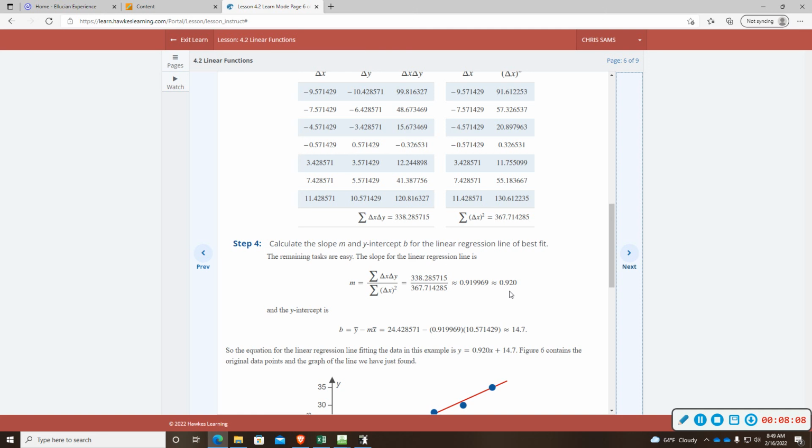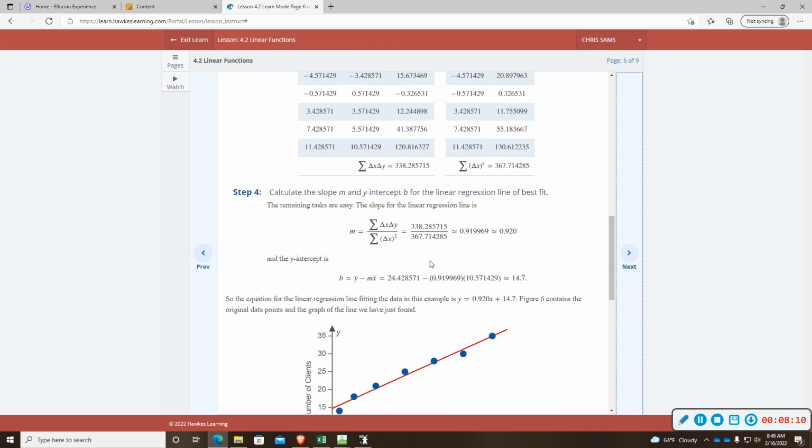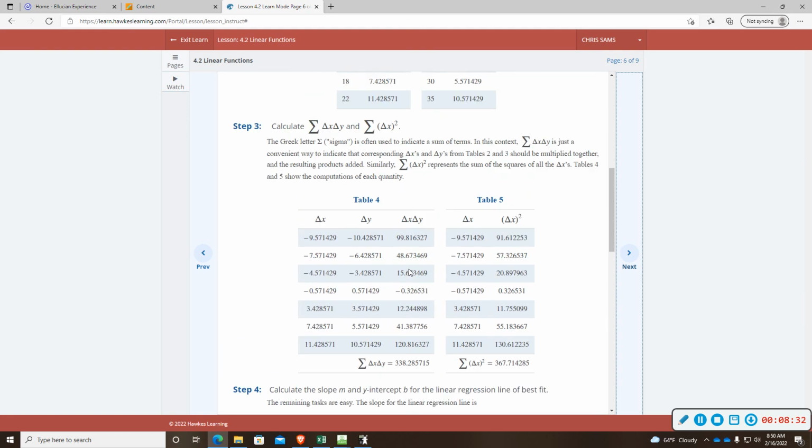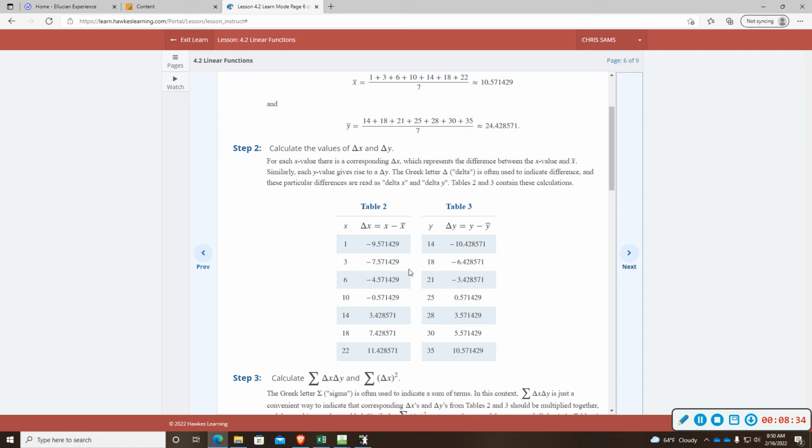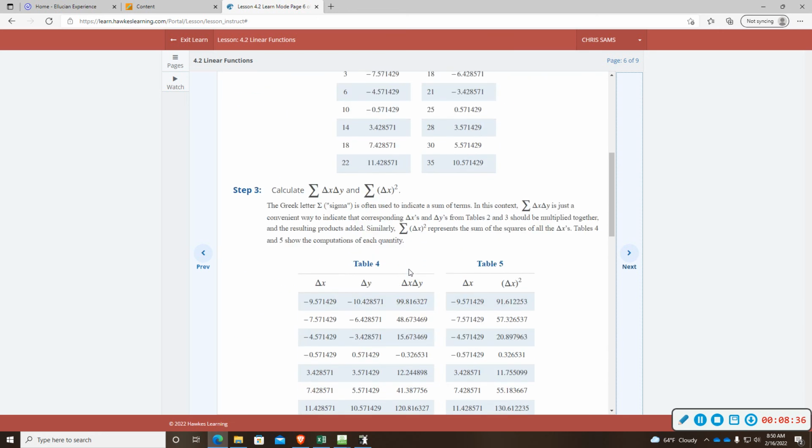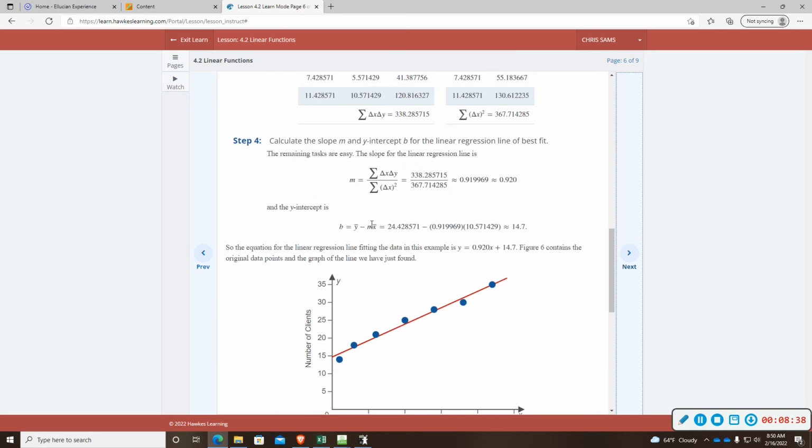Let me look, because I haven't done this by hand. So they're solving for B: Y bar, the average of Y, minus M times the average of X, is equal to 24. And where's this 24 coming from? I don't even know where this 24 is coming from. Where does the 24 come from? That's the slope.